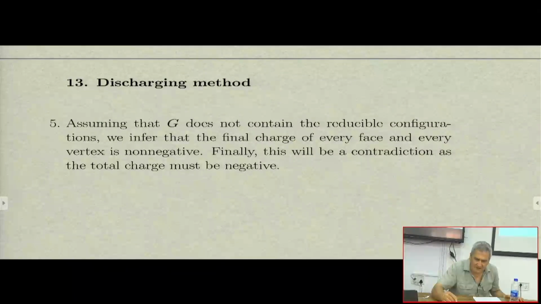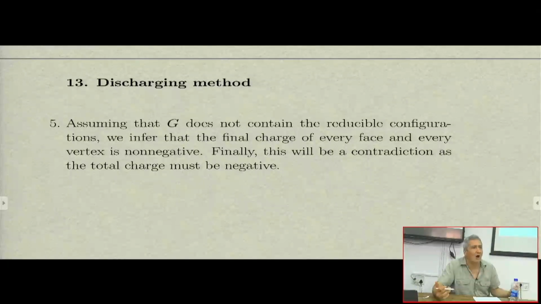So this is it, the discharging method. Assuming that G doesn't contain some reducible configuration, we send charge, and we obtain that at the end, because those configurations don't exist, every vertex and every face will have nonnegative charge. That means the total charge will be nonnegative, which is a contradiction with the initial charge being negative.